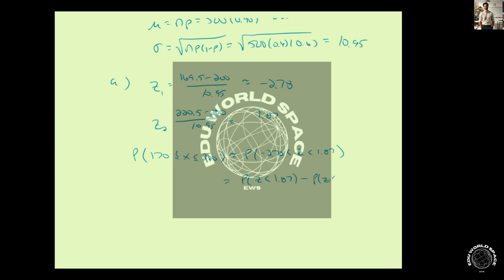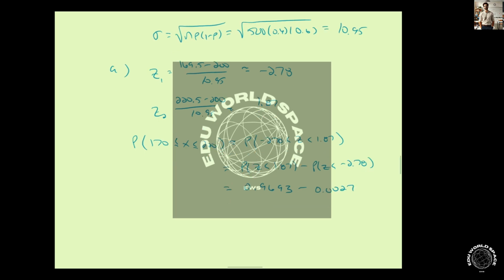And we can look up both of those in a table or using a calculator. So for 1.87, it's 0.9693, and for negative 2.78, it's 0.0027.